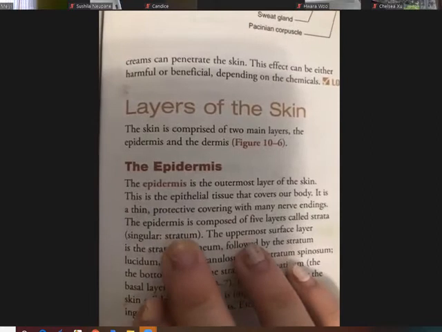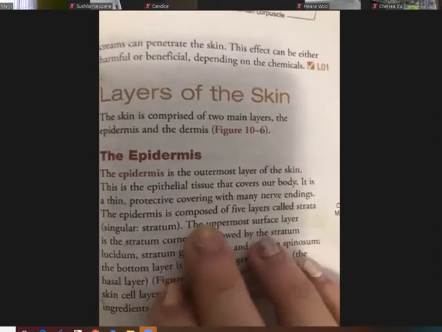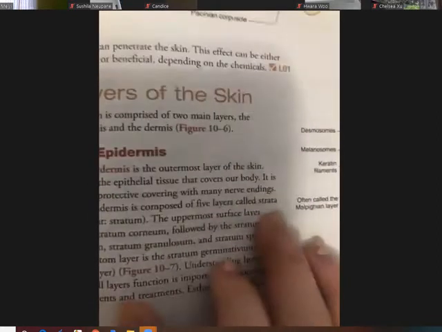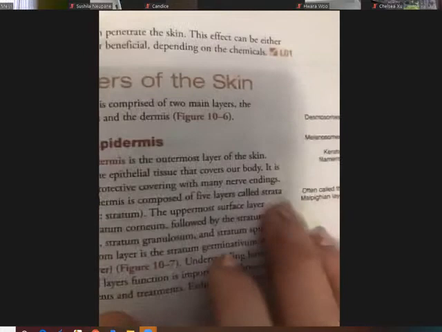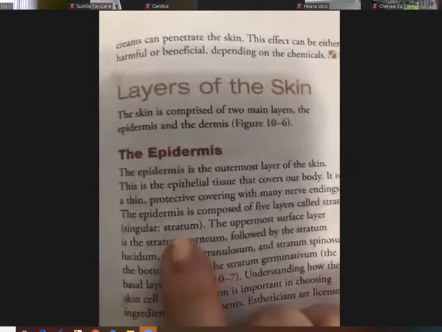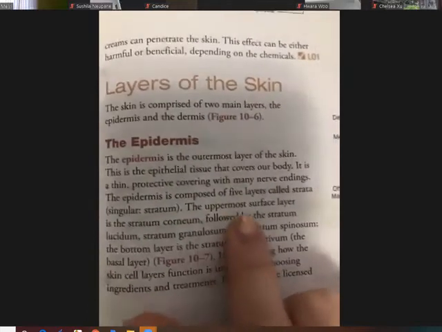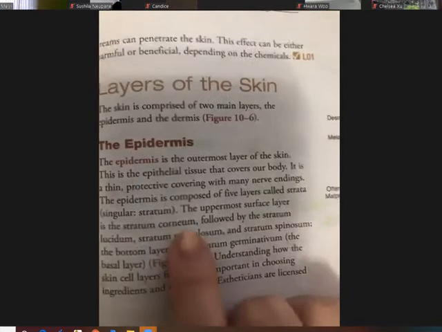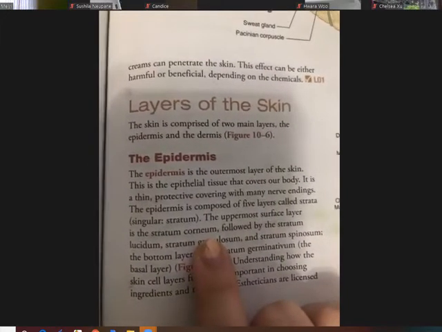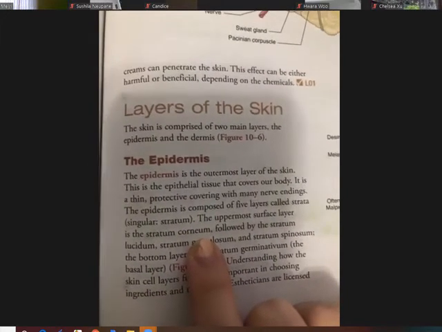The epidermis is composed of 5 layers of strata. Strata means many layers. Stratum means one layer. Okay, so the uppermost surface layer is the stratum corneum. Your epidermis has 5 layers.